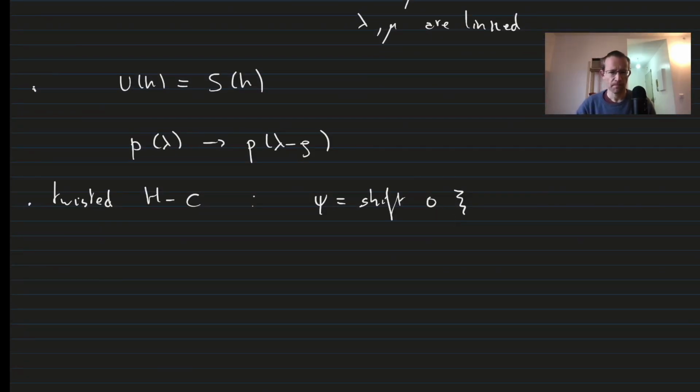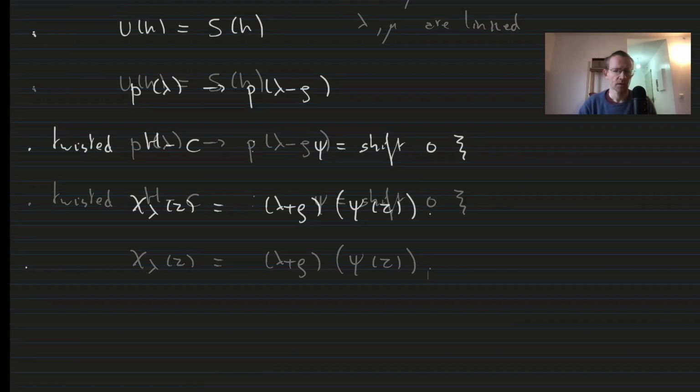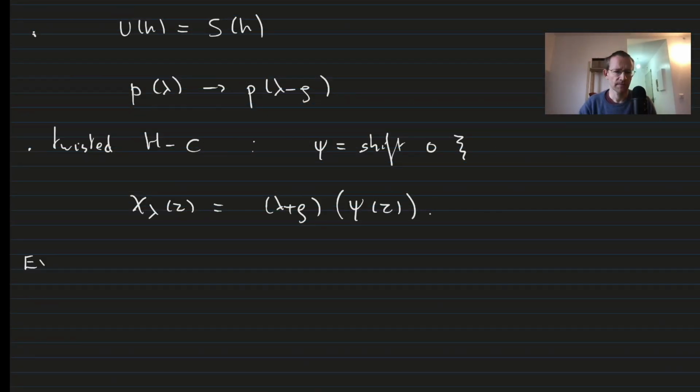So then we can see that the character can be identified with lambda plus rho after psi of z.